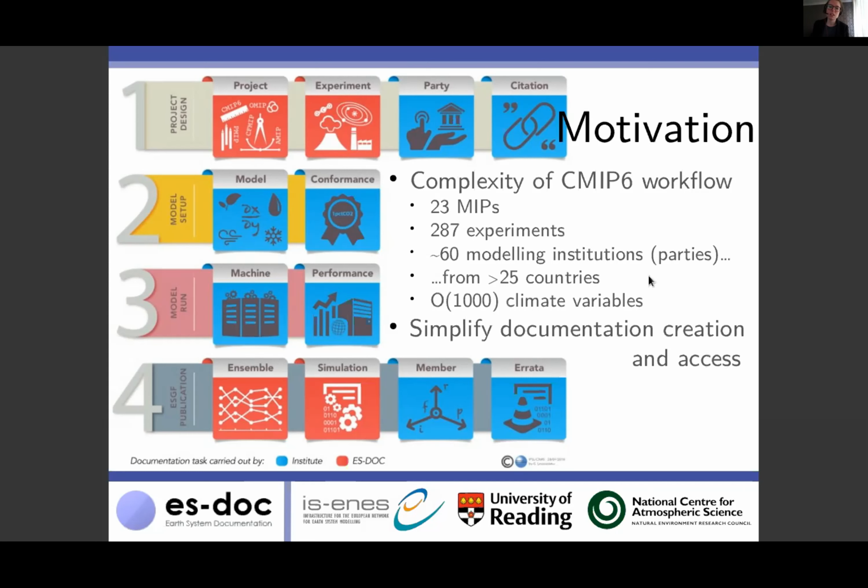If you can imagine the combinatorics of this, it is indeed very complicated. And I guess the ultimate goal for ESDoc is to simplify documentation creation and access. So that's a bit about the motivation.